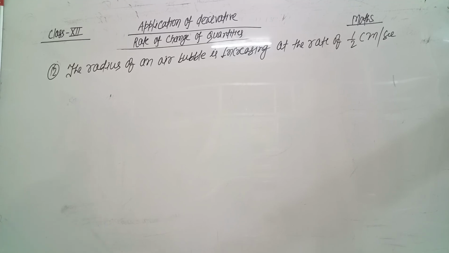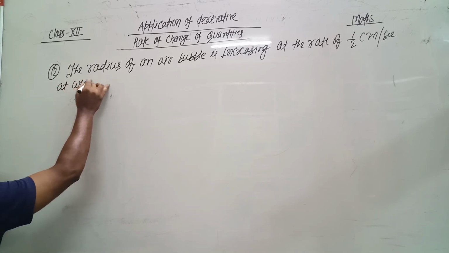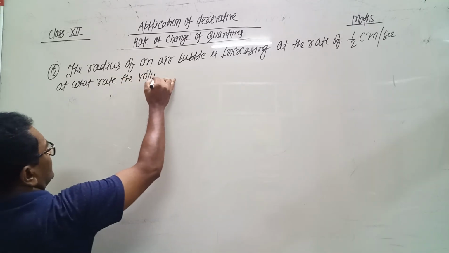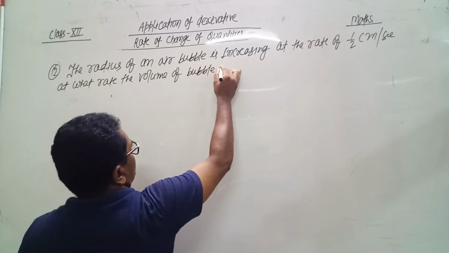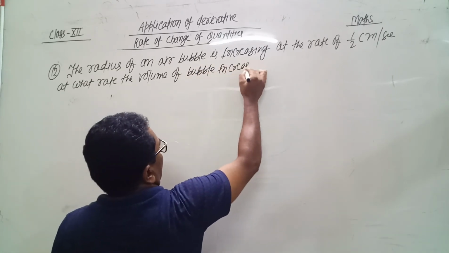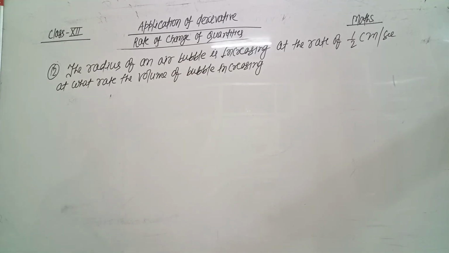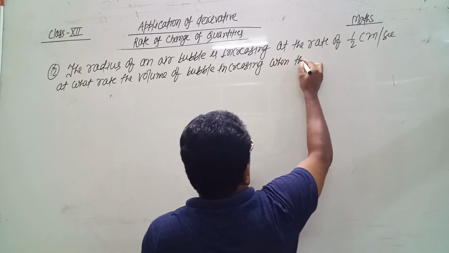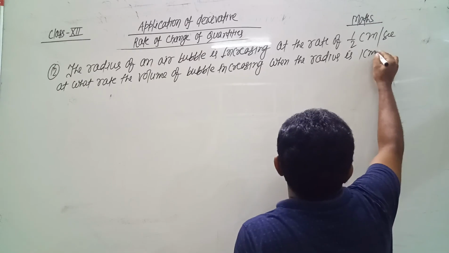At what rate is the volume of the bubble increasing when the radius is 1 centimeter?